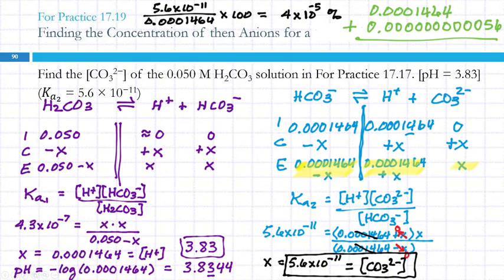So this is why when we're finding the pH of a polyprotic acid solution, we can just look at the first one, because the second one is going to be so small it doesn't matter, except for dilute sulfuric acid. Any questions?